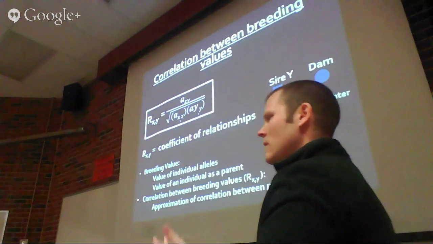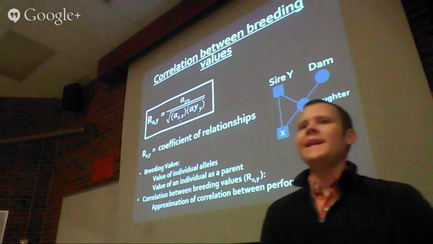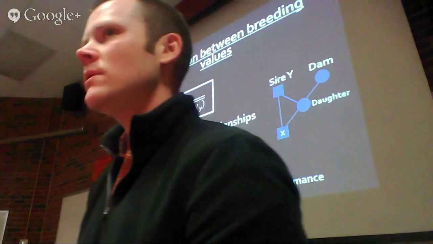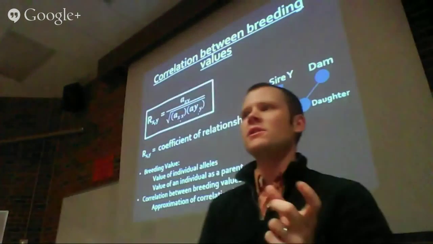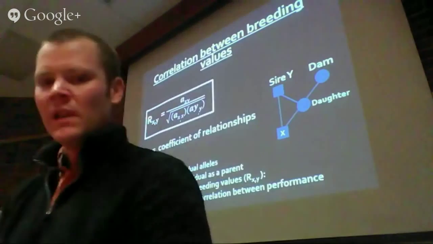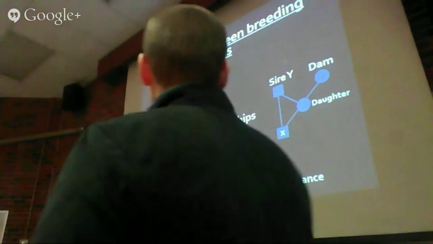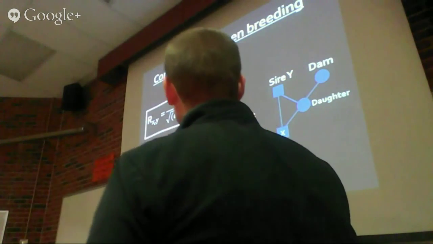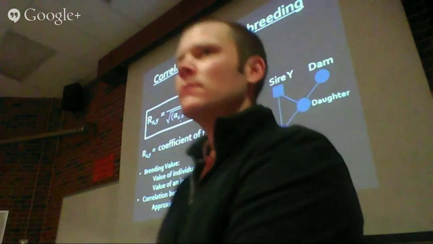So why do we need all this information right now? We're about to get into estimating breeding values of individuals. That's the real number that kind of forms the foundation of animal breeding, is an individual's breeding value. We're going to get into estimating those using these types of relationships with multiple records and correlations between those breeding values.